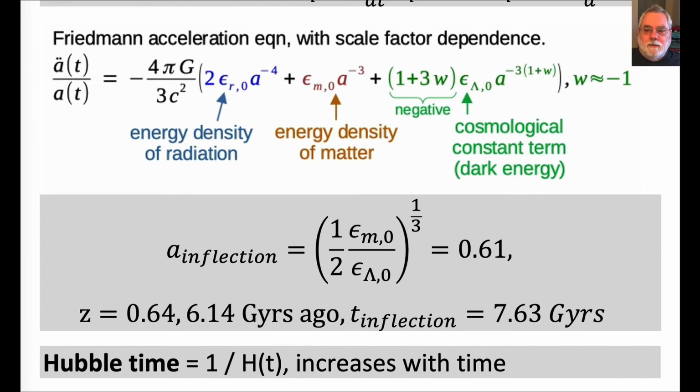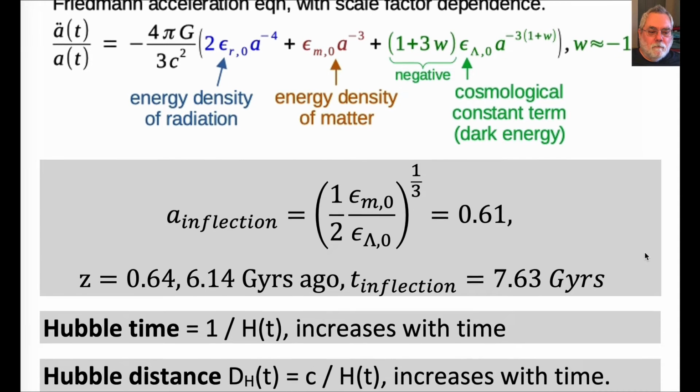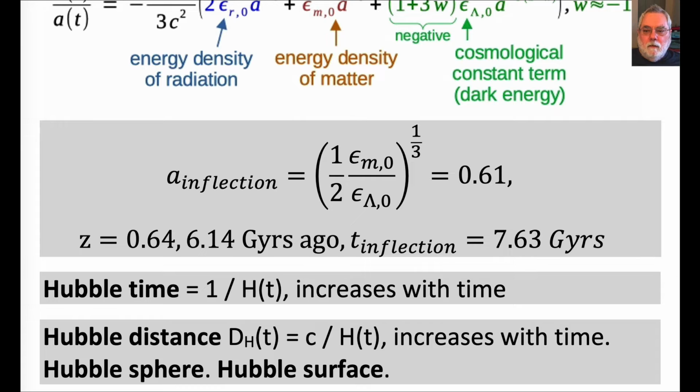The Hubble time is 1 over the Hubble parameter, so the Hubble time will increase monotonically with the scale factor and with time. Multiplying the Hubble time by the speed of light, we get the Hubble distance at a given time. We will call this capital D sub capital H, though I don't think there is a standard notation.